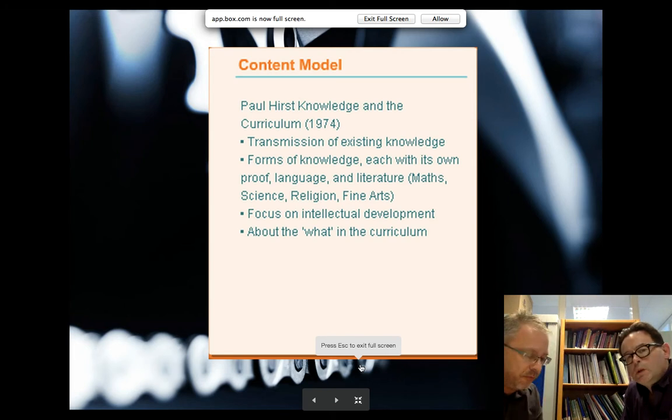Universities still, in a lot of areas, not all, but in a lot of areas, have this as the predominant focus. It's about learning stuff, learning facts, learning knowledge. And that knowledge is filled into the brain by the expert.